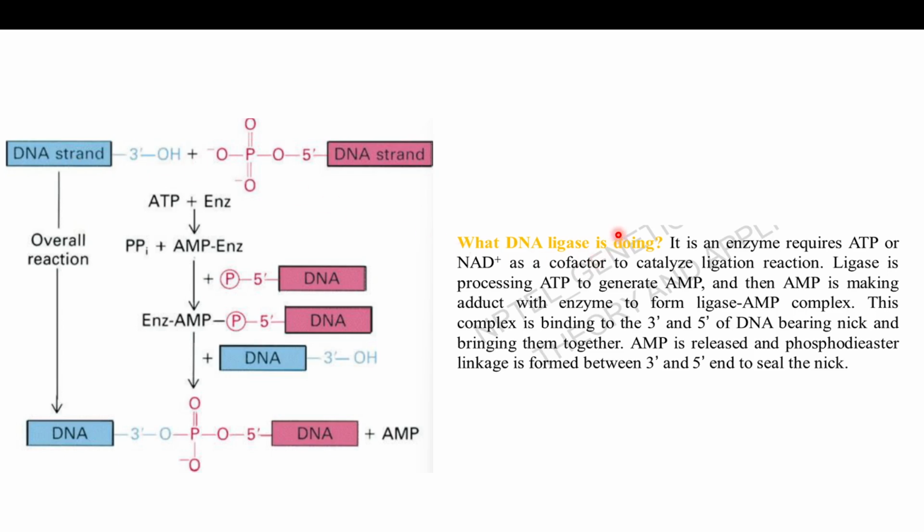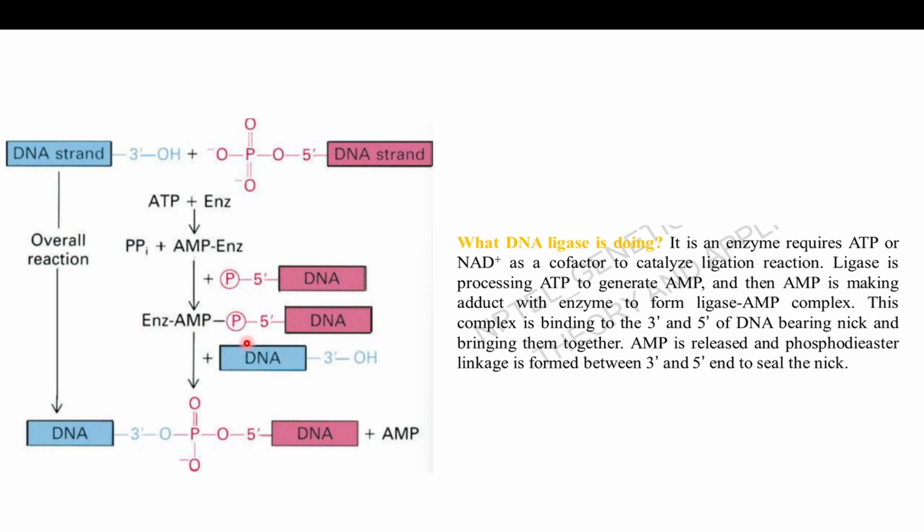Now, this DNA ligase enzyme uses ATP or NAD plus as a cofactor for its catalytic activity. In the presence of ATP, this enzyme releases inorganic pyrophosphate, PPi, and forms an adduct with AMP.